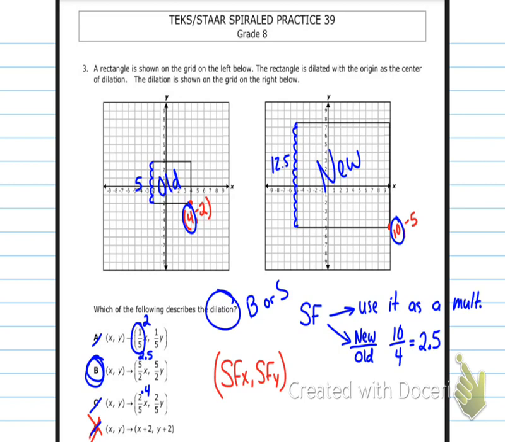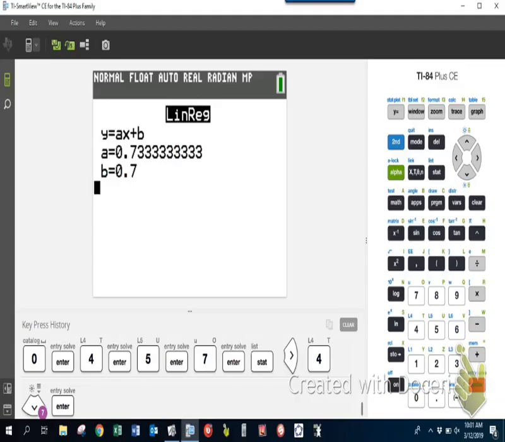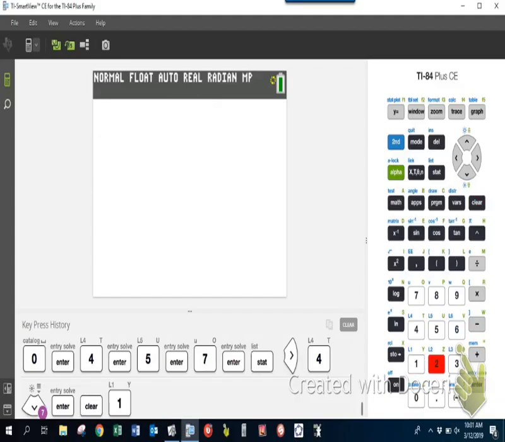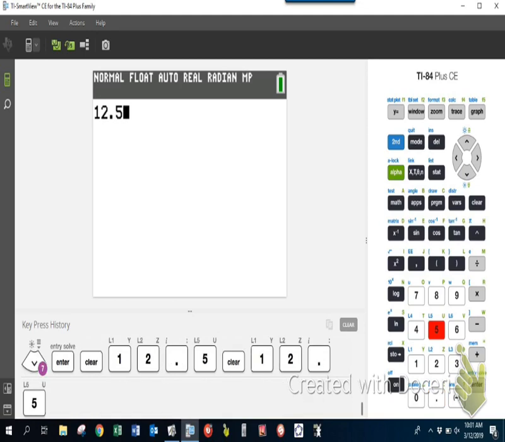What should work is 12.5, my new height, over 5, my old height. If you go work this one out, 12.5 my new height over 5 my old height, I would still get 2.5.